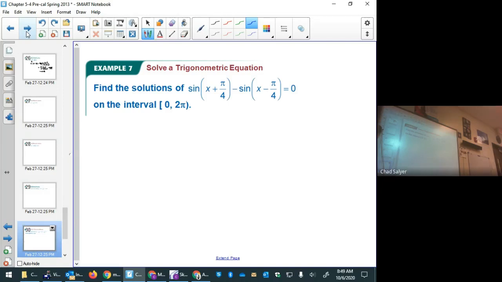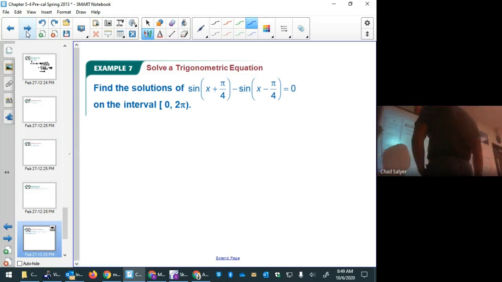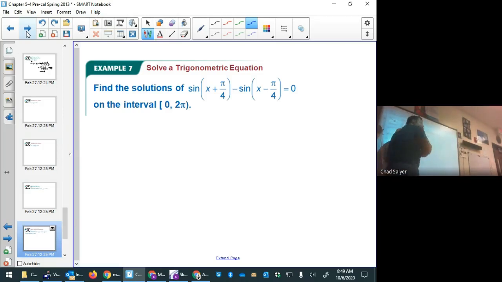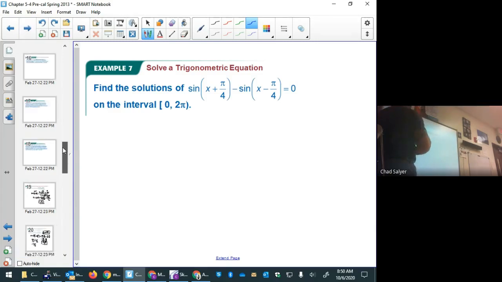You might think cofunctions, because we're adding an angle here, but actually the sine sum and sine difference is what we want to apply here. So let's go back and get those.